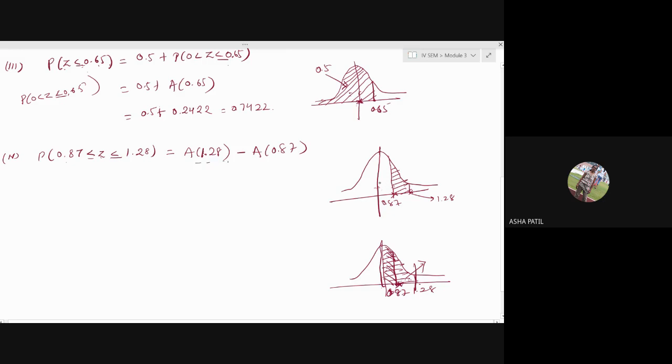In that, we will subtract this region, that is 0 to 0.87, so that we will be getting this remaining area. Once you know how to read the table value, the table will give you the value. Simple subtraction.